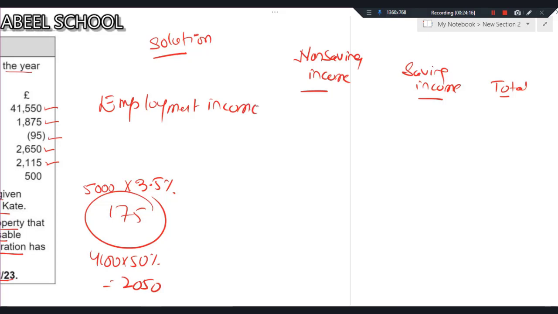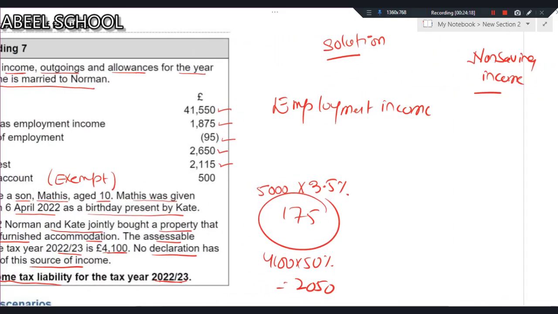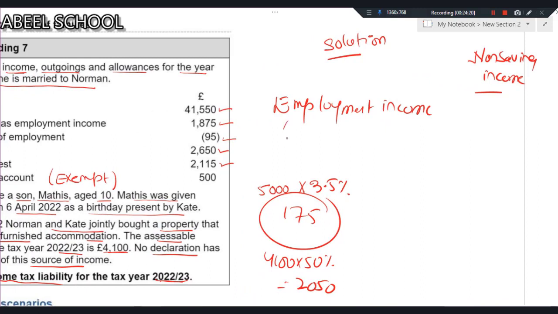Dear student, we are calculating income tax liability for Kate. She has a salary of 41,550. Assessable benefit 1,875. Allowable expenses 95. So let me use the calculator. 41,550 plus 1,875 minus 95.